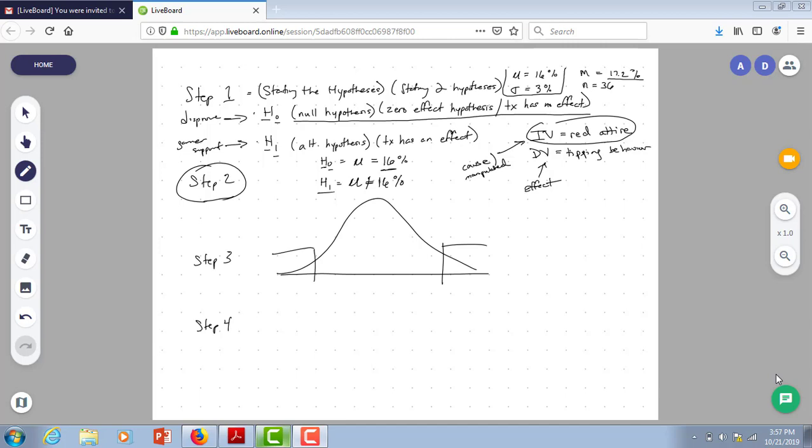So in the tails, we have extreme scores or anomalies, and these are scores that have an extremely low probability of occurring if the null hypothesis is true. And this is present on the right side and on the left side of the distribution.